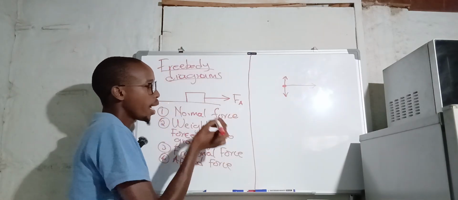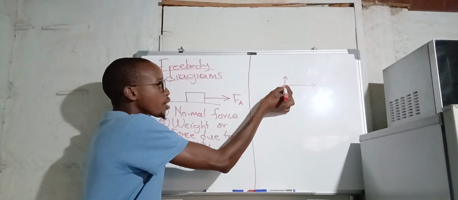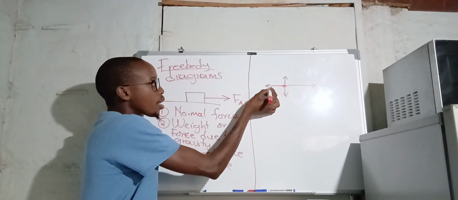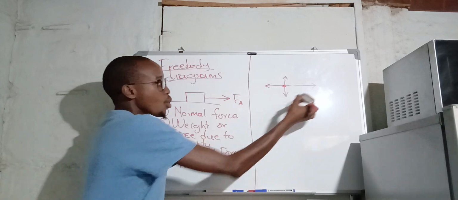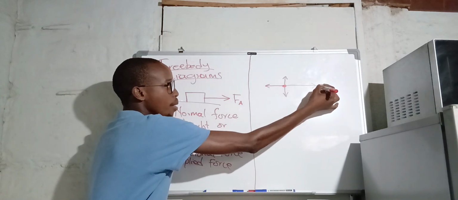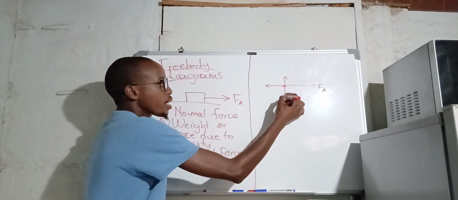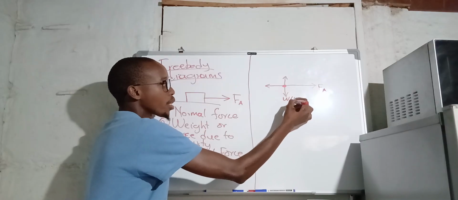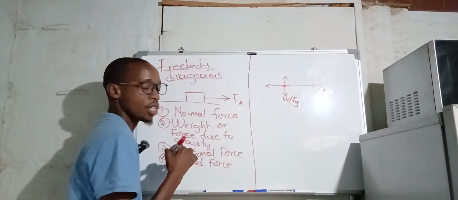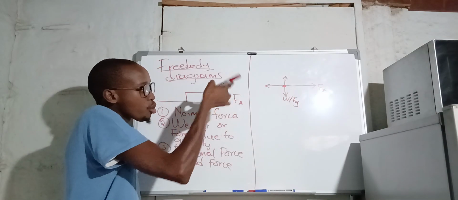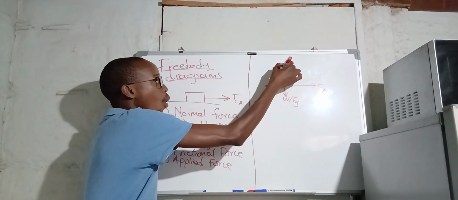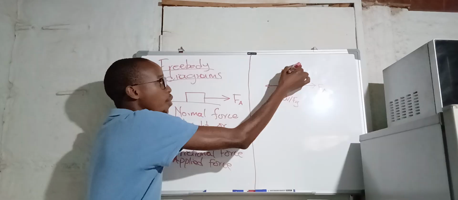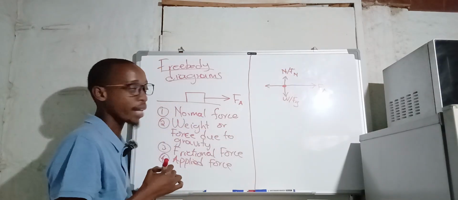And then the frictional force, yes, it can be long, but not longer than the force applied. So this is going to be our force applied, which is going to the right, and this is going to be our weight, or you can just say F subscript G. G means force due to gravity, and then the normal force, or force normal, as other people like to call it.